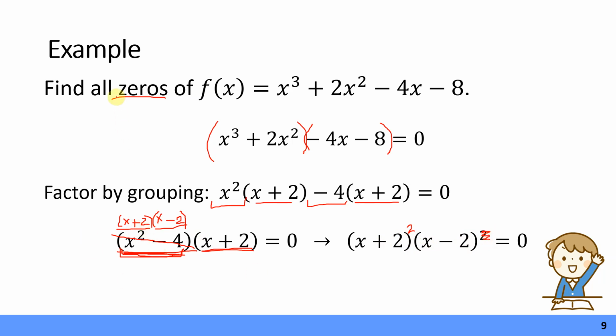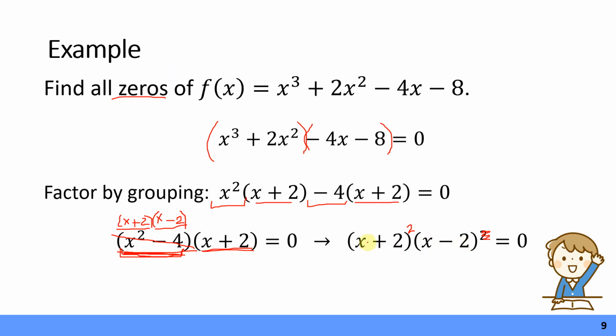So when they ask you to find all the zeros, you have to make sure your polynomial is super factored out. So if you notice, we did have to factor out by grouping. And then from here, we had to make sure we factored out even more, which was this part could be factored like that. So my final answer would be x plus 2 squared, x minus 2. Now, we're not done yet, but we're almost there.